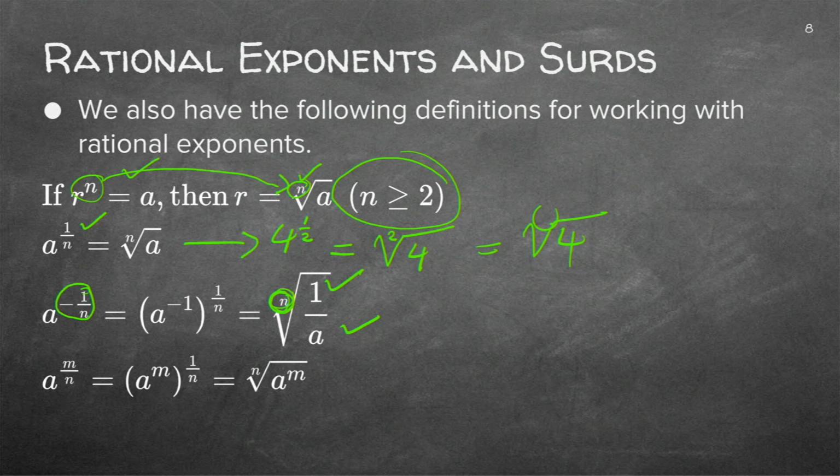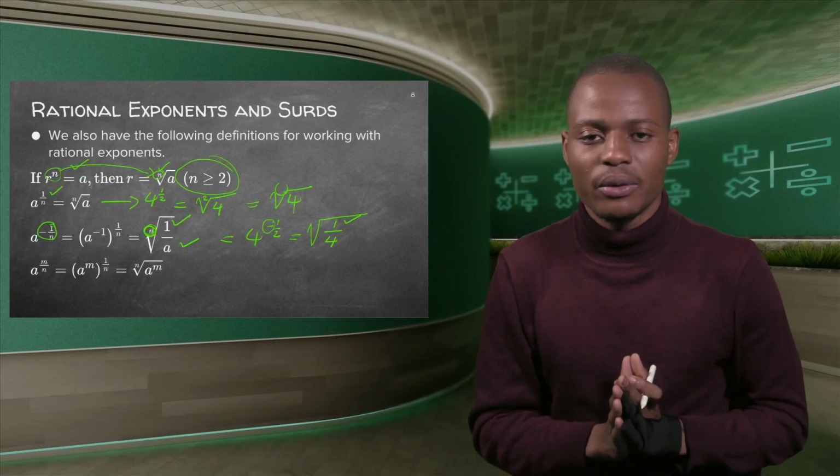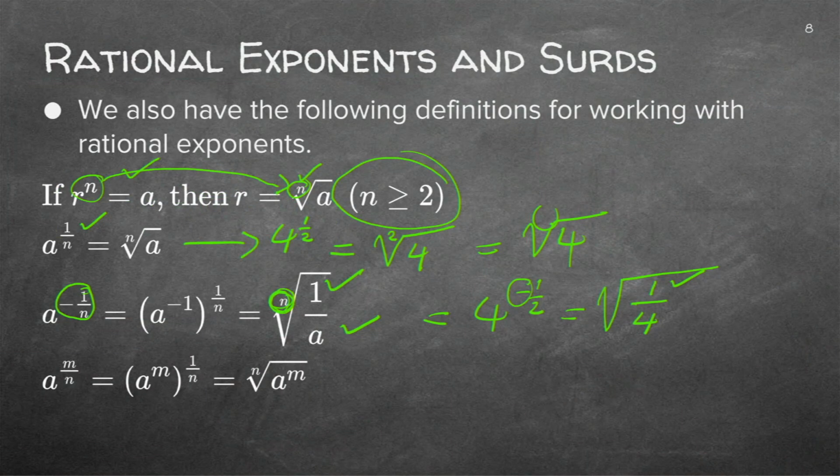So if I do an example with this, let me still use the 4, but now let's say I had 4 to the power of negative 1 over 2. So it means I have to make sure that I write this as the square root of 1 over 4. Because my exponent was negative, it means a 1 now must be introduced. So the moment you find a negative exponent, just know that you are working with a fraction automatically, okay? Now let's go to the next one.